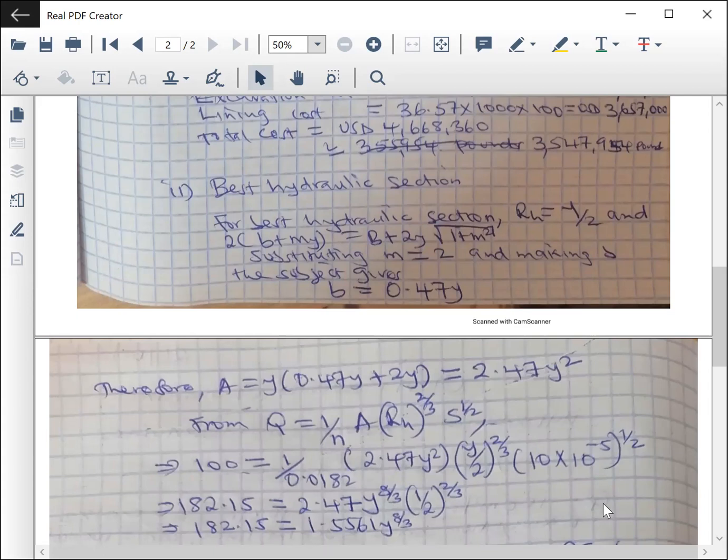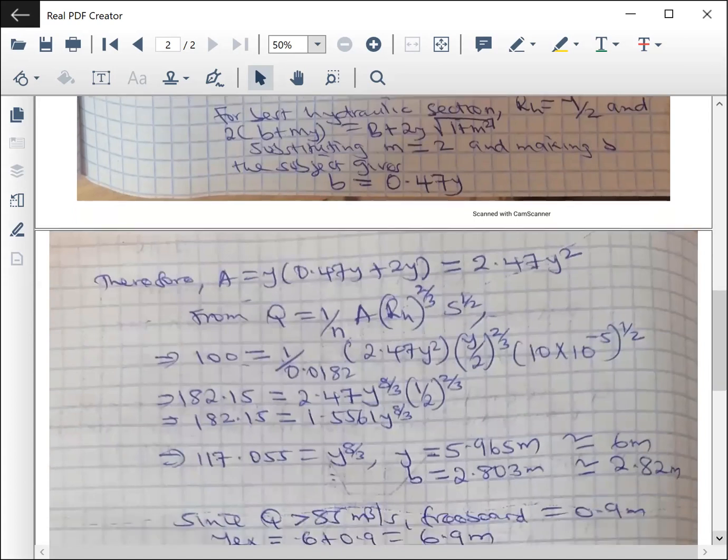So this will give us the value 182. When you compute with the calculator, 182.15 is equivalent to 2.47 y power 8 over 3 times a half power 2 over 3.